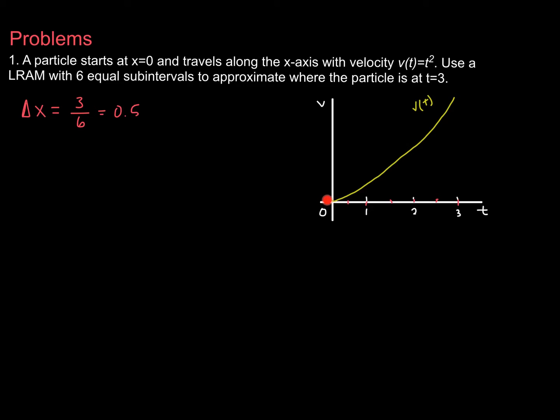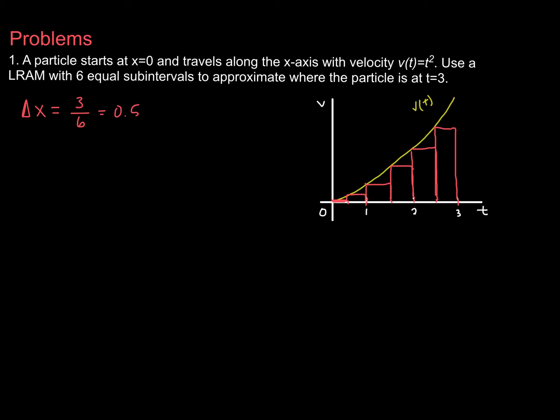And that left endpoint is actually at 0, right? V of 0. So when I draw this out, I'm going to have a rectangle that isn't really a rectangle. It doesn't have any area whatsoever. And then I can go through and draw the remaining rectangles. I encourage you to do that now. So there are my rectangles.